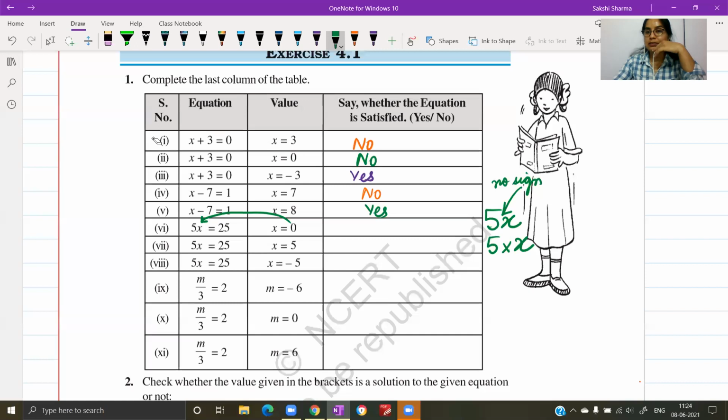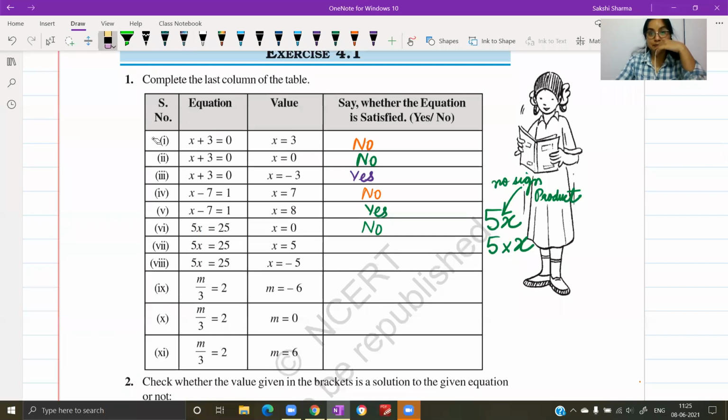If you see no sign, this means product. So यहाँ पे जब हम 0 लिखेंगे, ये 5 into 0 है. 5 into 0, 0 हो जाएगा. So this will be a no.